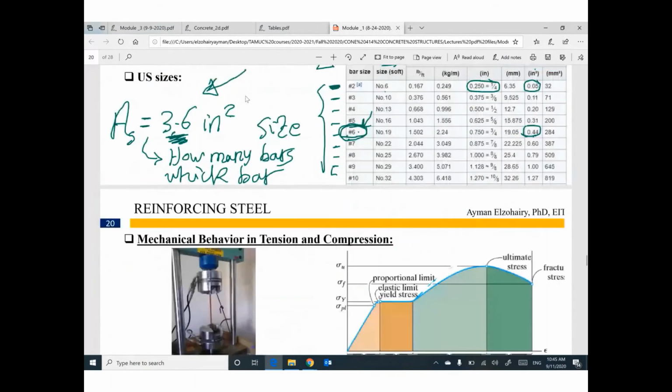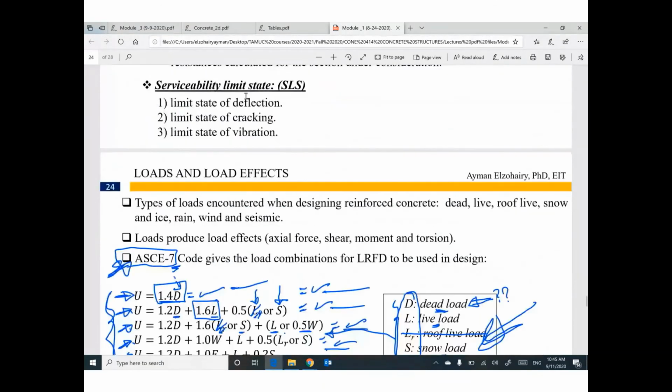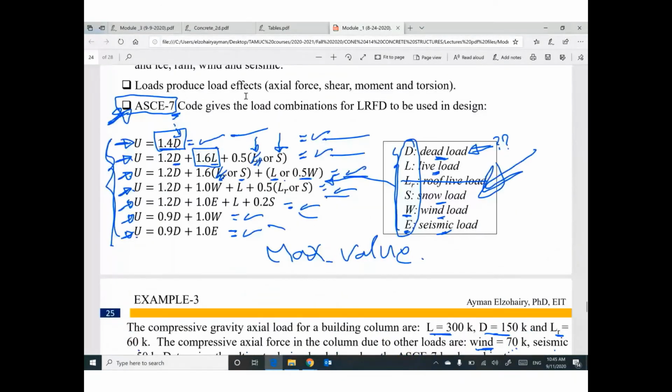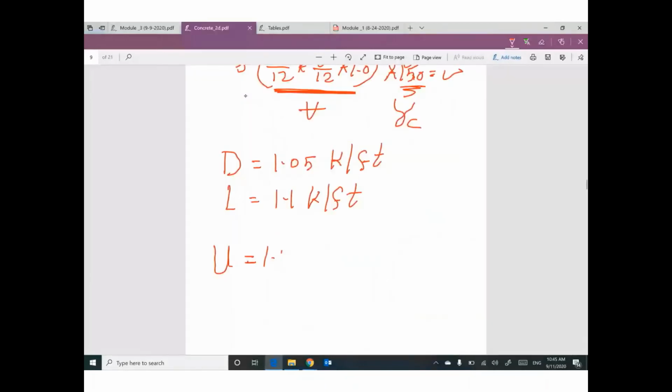So we have a case of loading here. This one. Actually, we have only dead and live in this problem. So I will use this one to get U, which gives 1.2 dead plus 1.6 live.